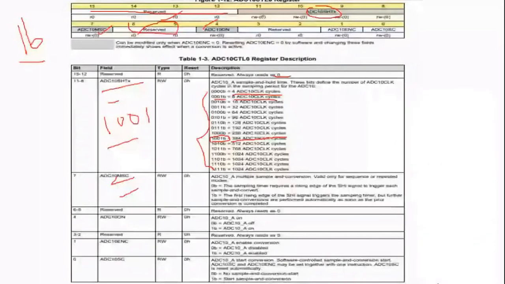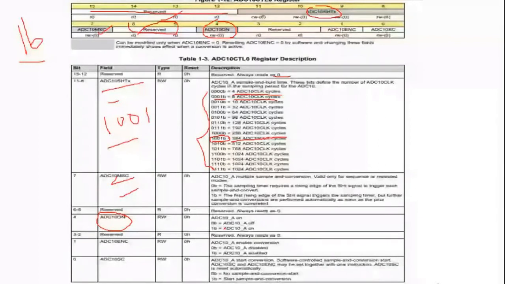I have already discussed that the 10 bit SAR core is active when the ADC10 ON bit is set. So ADC is on or ADC is off. If it is 0, it means that ADC is off.